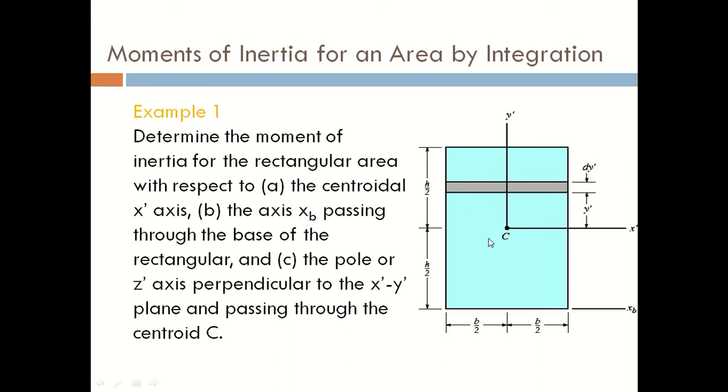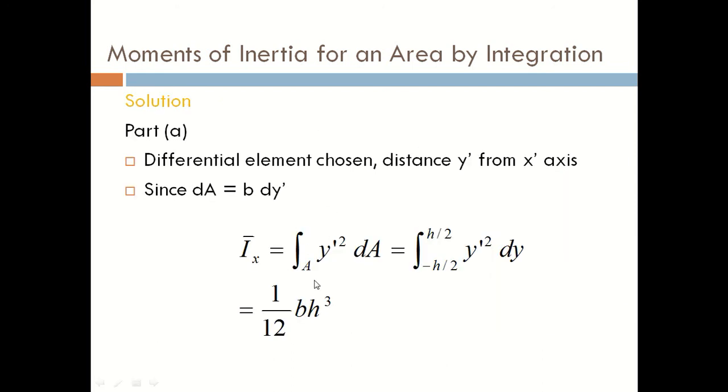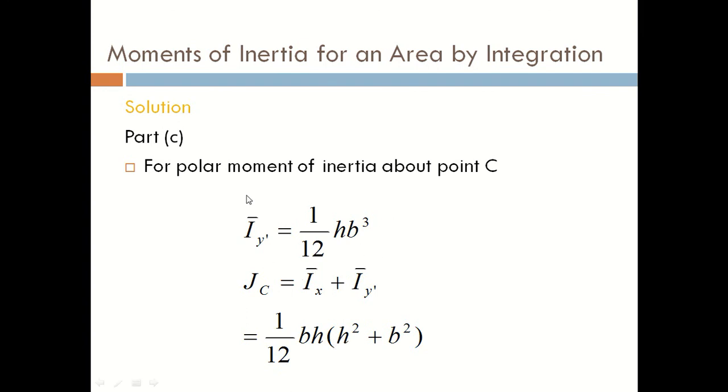If you solve this by taking the integration of x dash square multiplied with dA, then you will see this is the answer. The moment of inertia about the axis passing through the centroid, y dash, is equal to 1 upon 12 h b cube.